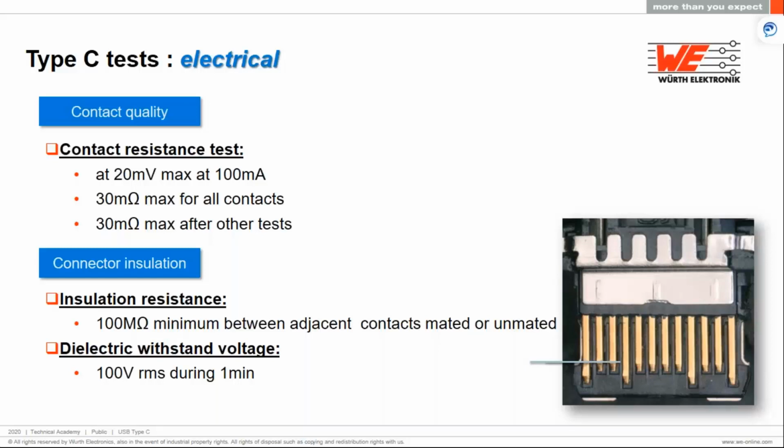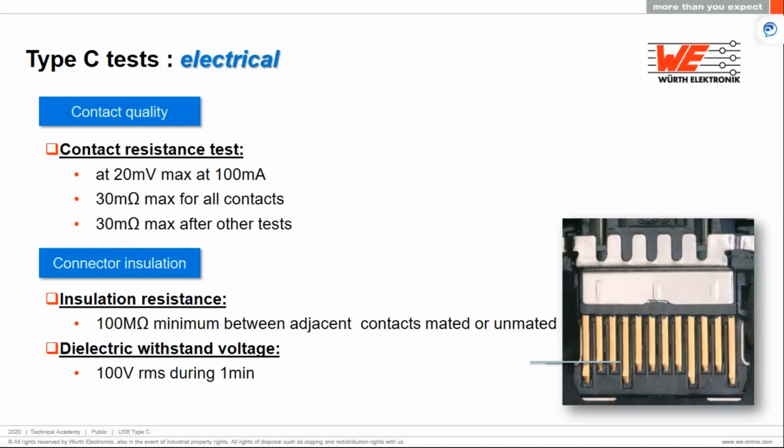Now, when it comes to the electrical specs of USB connectors, we have some standards defined to arrive at these numbers. For contact quality values, for example, all the measurements are done at 20 millivolts and 100 milliamps. The maximum value for contact resistance is 30 milliohms.